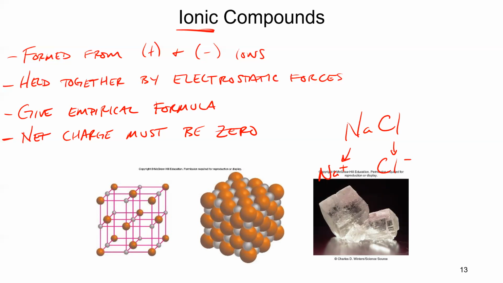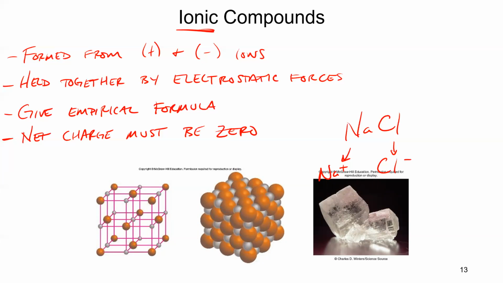The one in the middle is sometimes called a space filling model. And the one on the left is a ball and stick model, where you can see the connections a little bit better. It turns out that the larger ones are the chlorine ions and the smaller ones are the sodium ions. And so they're held together in this crystal arrangement. So there's an even number of chlorine and sodium ions.